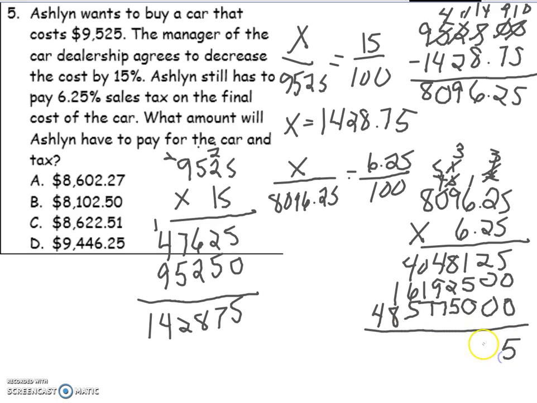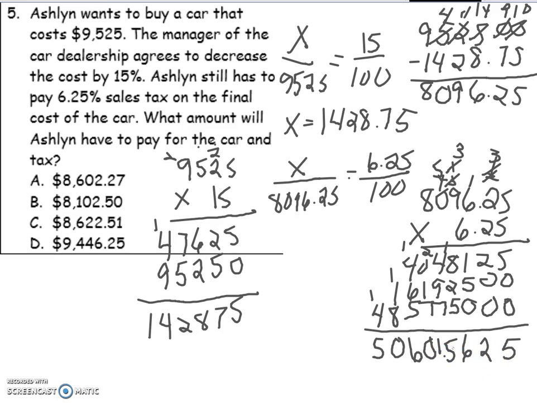Add it up. 5, 2, 6, 15. 10 plus 7 is 17, 18, 19, 20, 21. 7, 8, 9, 10. 4 plus 6 is 10, 15, 16. 8, 9, 10. 4 plus 1 is 5. 2 plus 2 is 4.